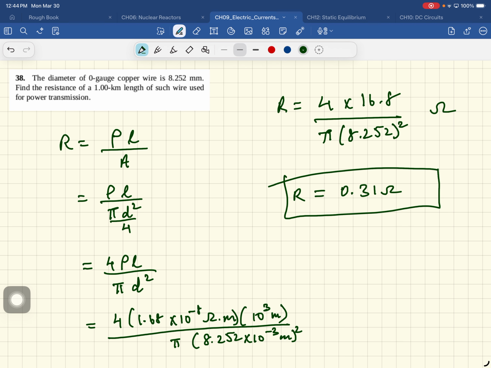So this 1 kilometer copper wire, which is fairly thick, has a very low resistance, 0.3 ohms.